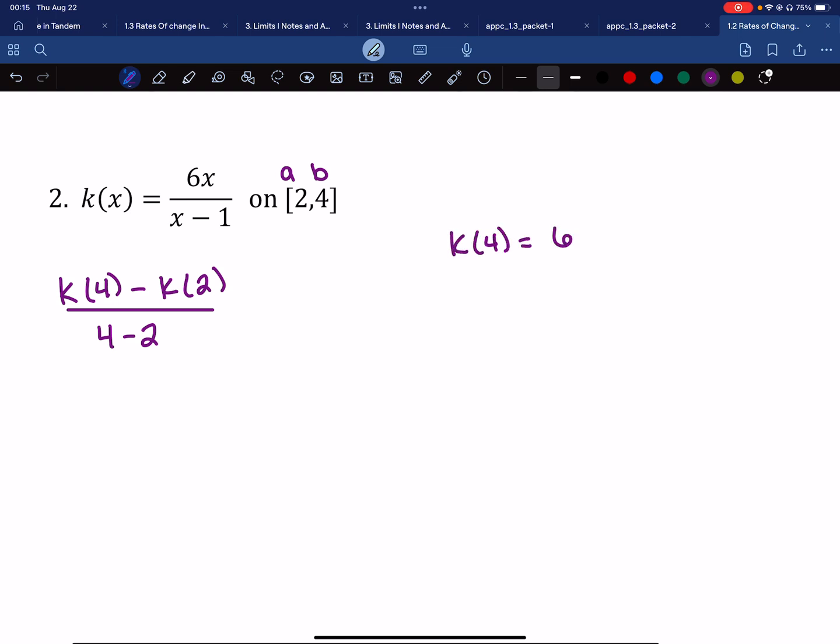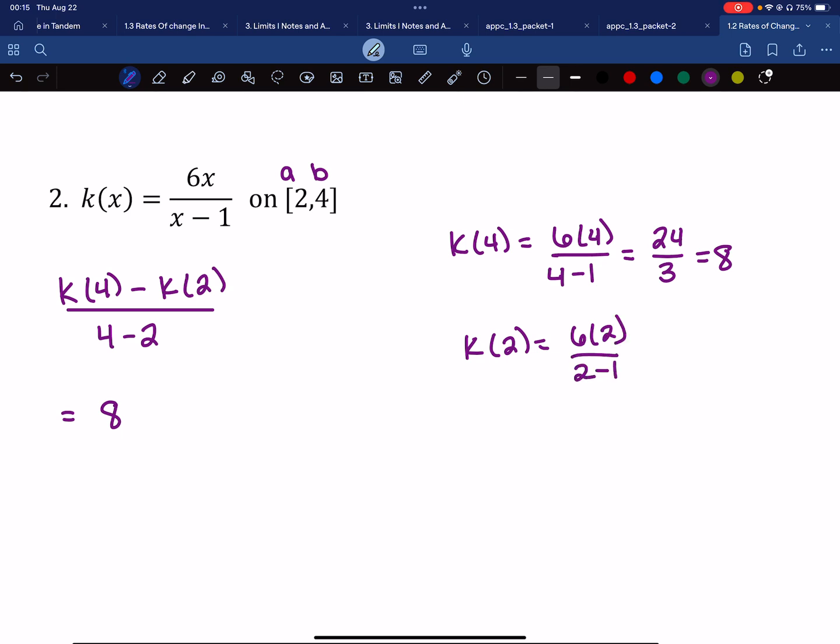That would give me 6 times 4 over 4 minus 1. That would be 24 over 3, which simplifies to 8. So K of 4 is equal to 8. Then I can find K of 2. That would be 6 times 2 over 2 minus 1, which is 12 over 1, which equals 12.